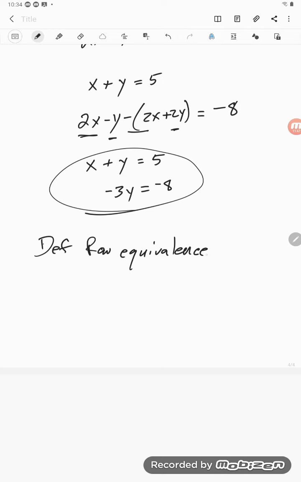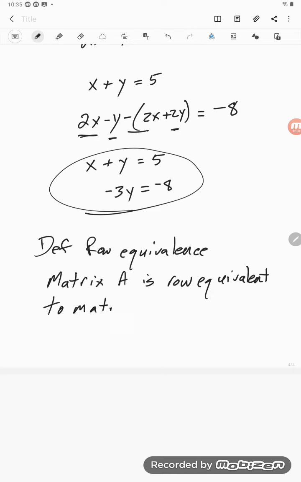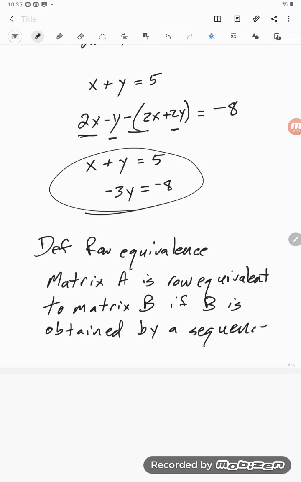A matrix A is row equivalent to another matrix B if B is obtained by a sequence of row operations.